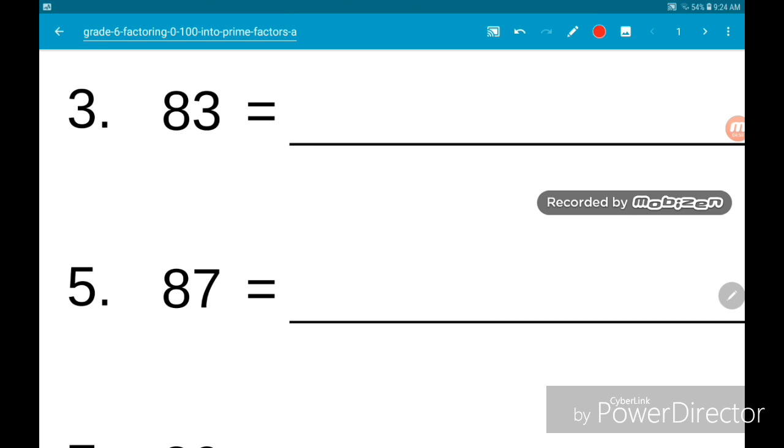Let's try 7. 83 divided by 7. It goes in once. 13, nope. No, because this comes out to 2, it's close, but not good enough.